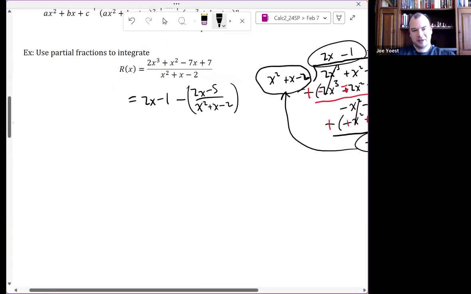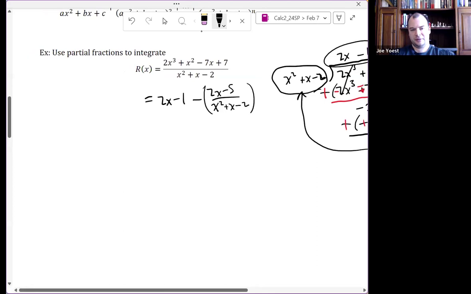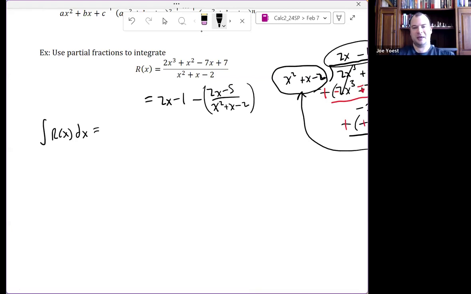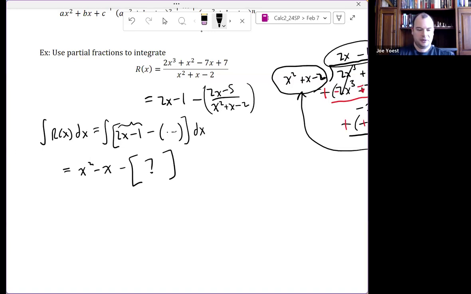Okay, so if I want to integrate r of x dx, well, my first step is to handle the polynomial term. So integral of 2x is x squared minus x minus, we'll put a question mark there.